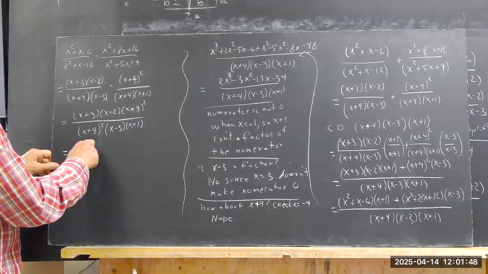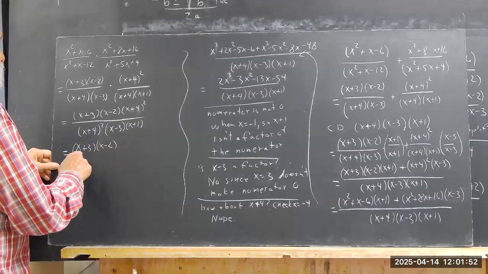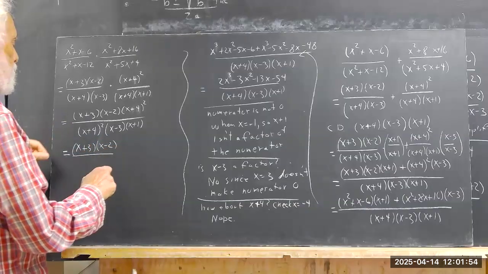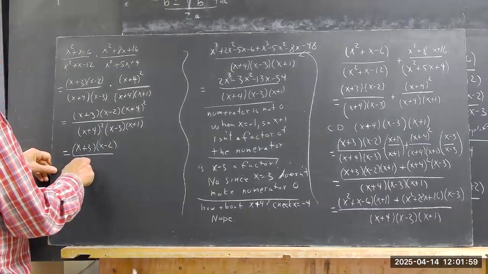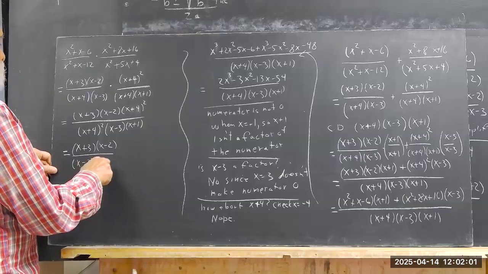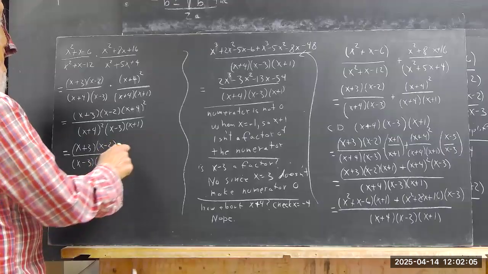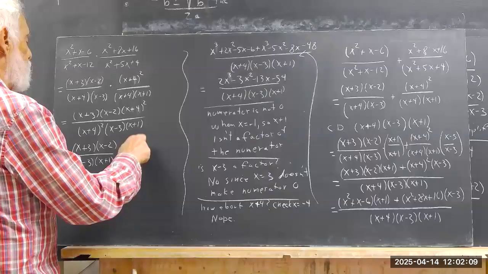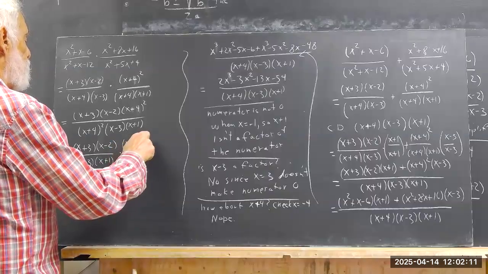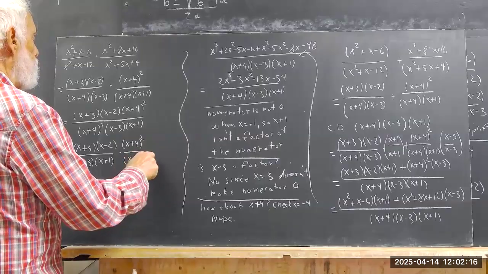I can write x plus 3 times x minus 2 over x minus 3 times x plus 1. And then I can write that as x plus 4 squared over x plus 4 squared.